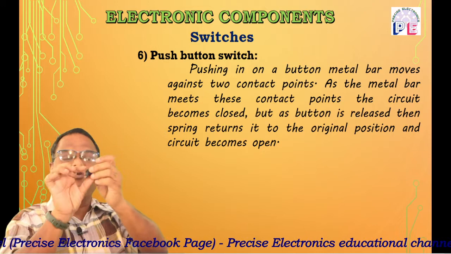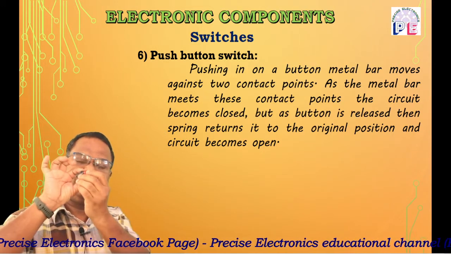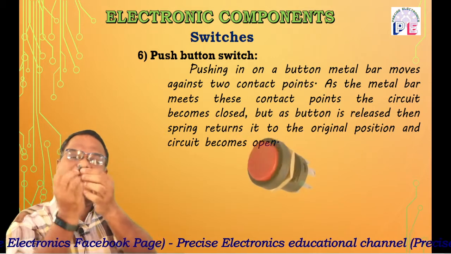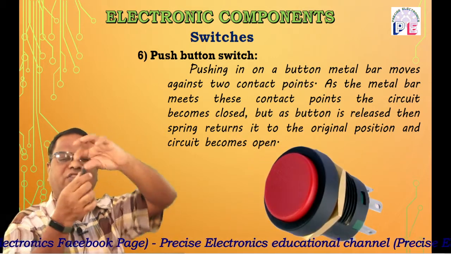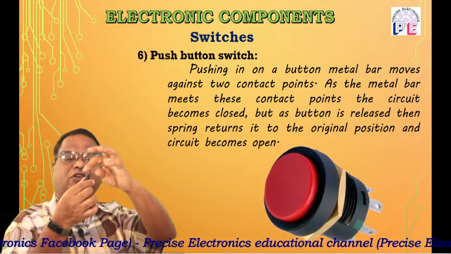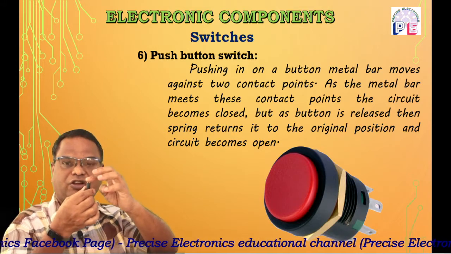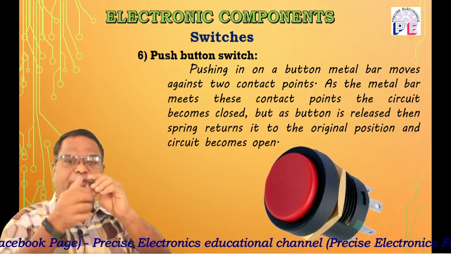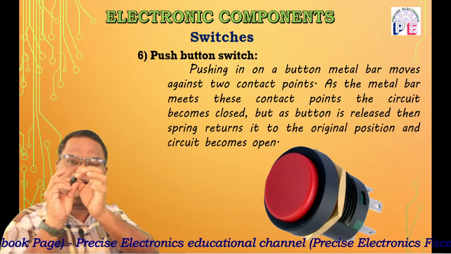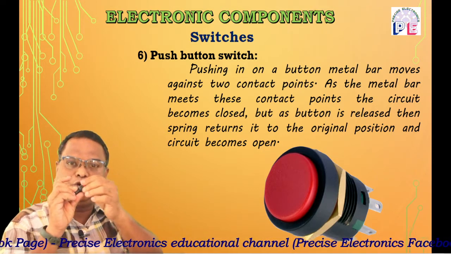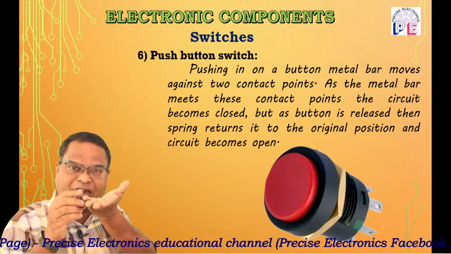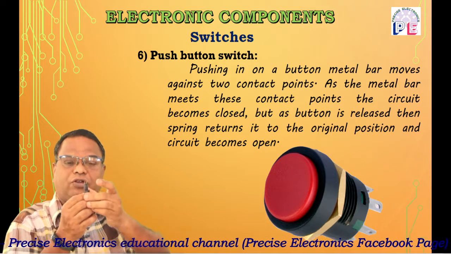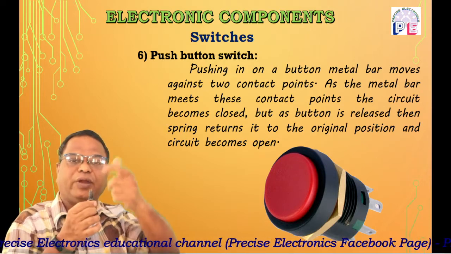When we apply pressure, the metal disc connects the two terminals, the terminals get connected to each other, and current flows and our instrument gets on. When the pressure is removed, due to the spring, the metal disc returns to its original position, and the contact gets open. So there is no electric contact, and our instrument gets off.